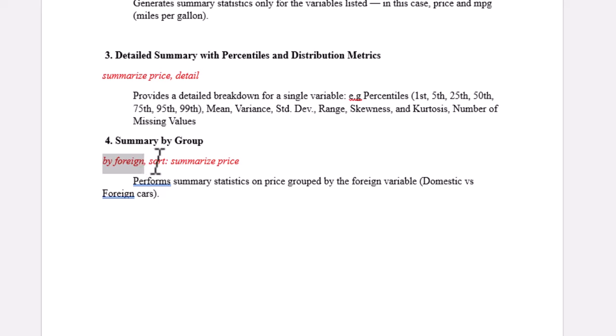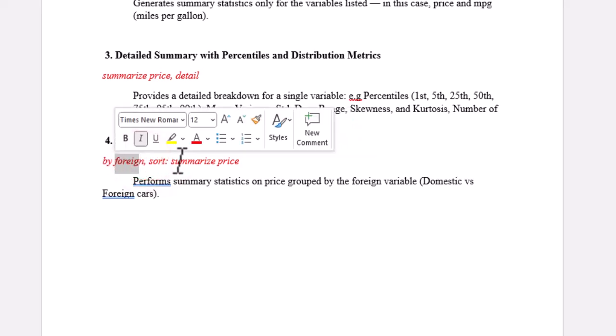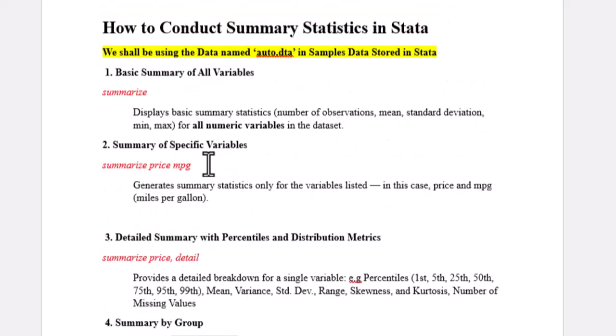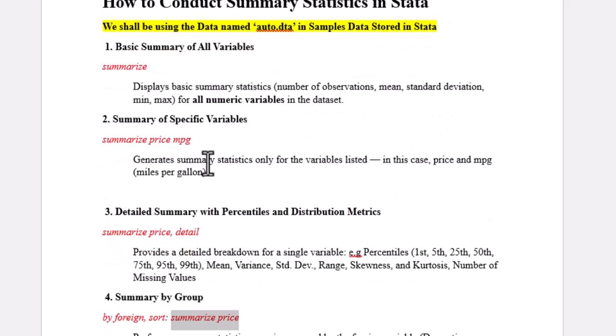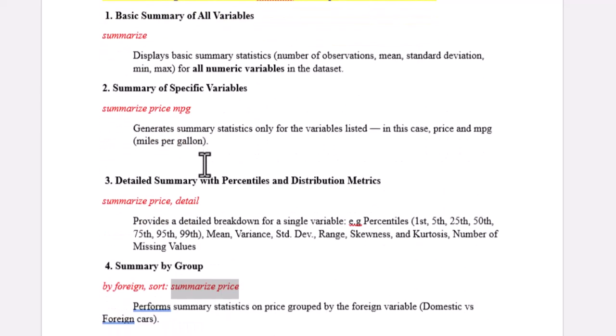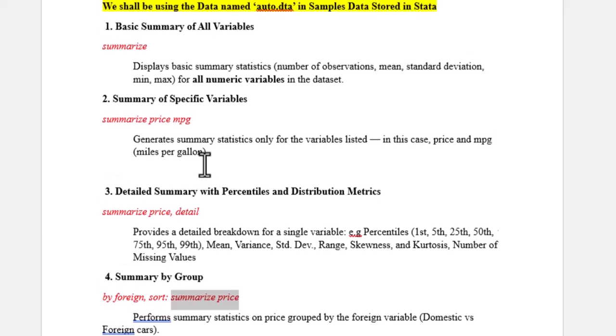You are sorting in the categories of the variable foreign, and then you are summarizing price. So let us go to Stata and see how we conduct the four types of summary statistics.